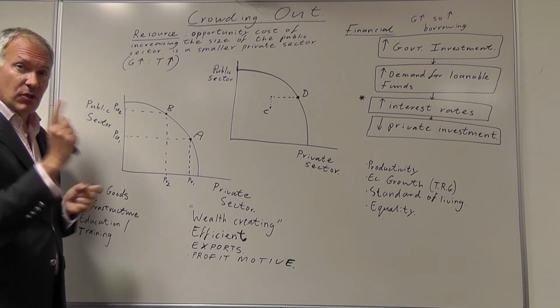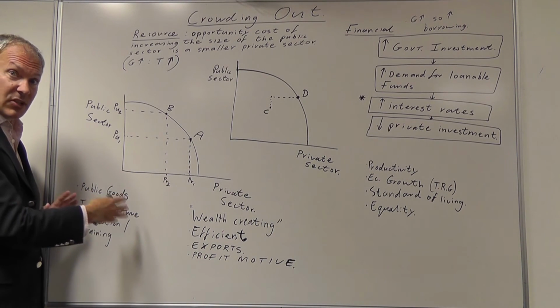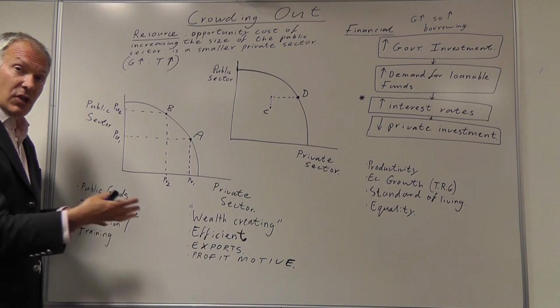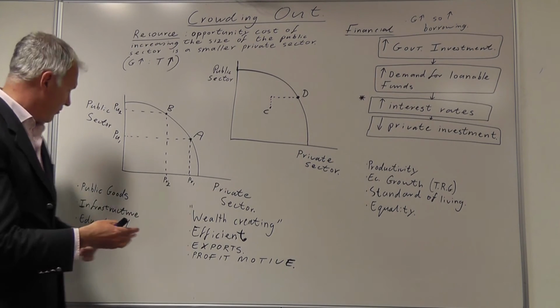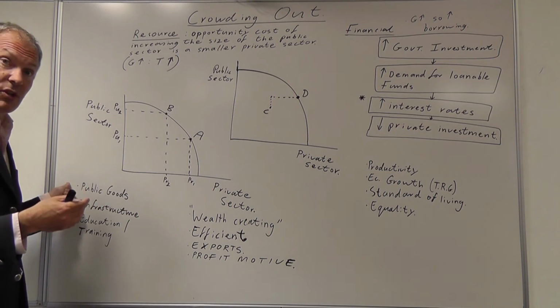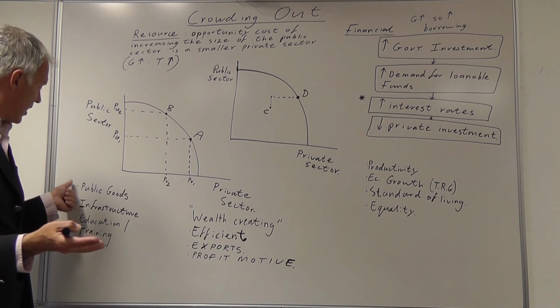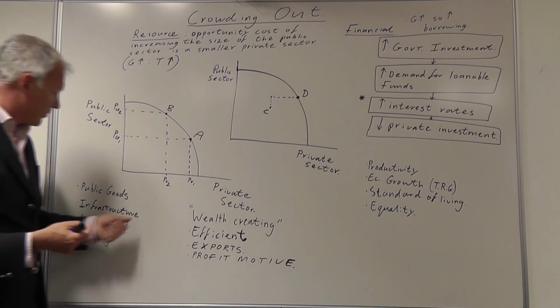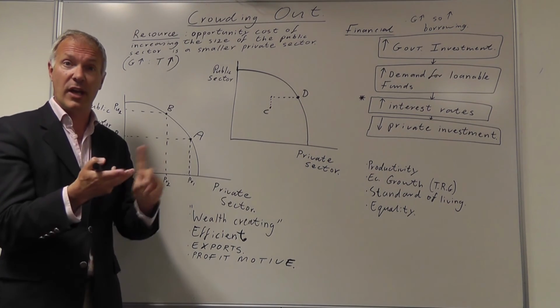a key criticism, two criticisms from a Keynesian point of view. Firstly, the public sector provides useful, essential goods and services for the private sector, which enable private sector growth. First of all, we provide public goods, such as law and order and defence, which provide security. Public sector provides infrastructure, such as roads, railways, telecommunications, airports.